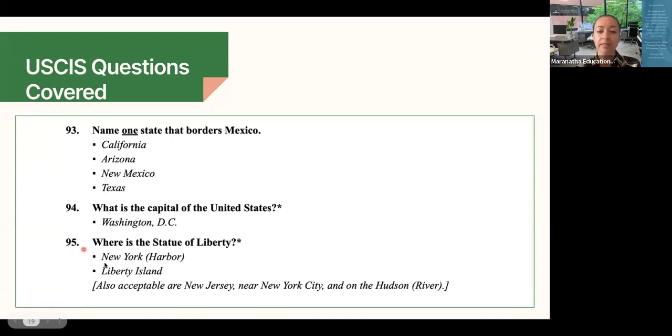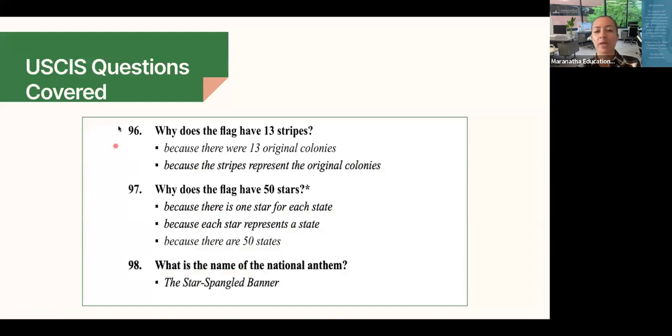Or you can just say New York. Question 96. Why does the flag have 13 stripes? Because there were 13 original colonies. Or you could also say, because the stripes represent the original colonies.